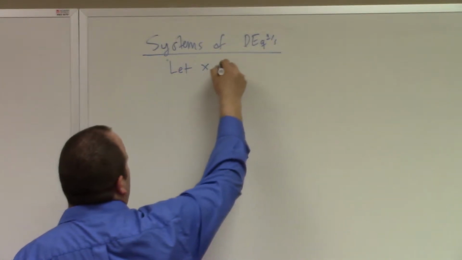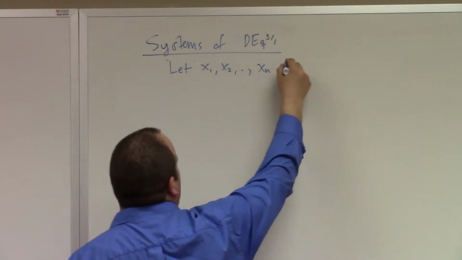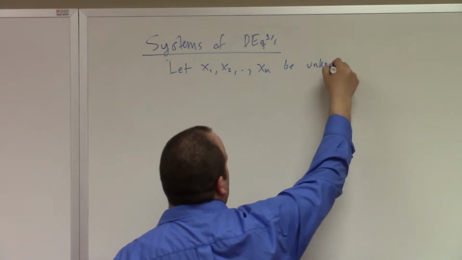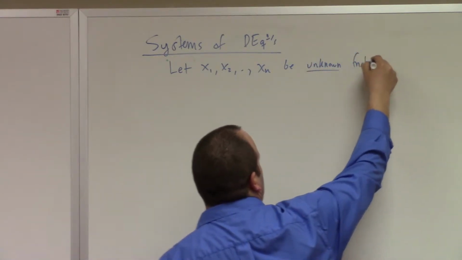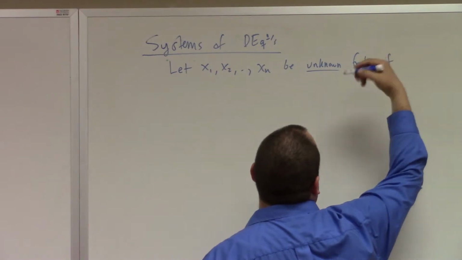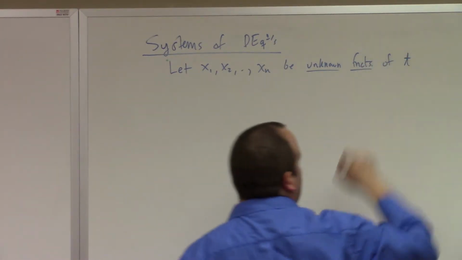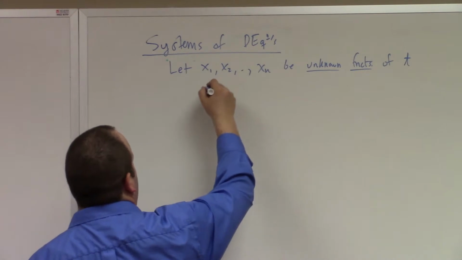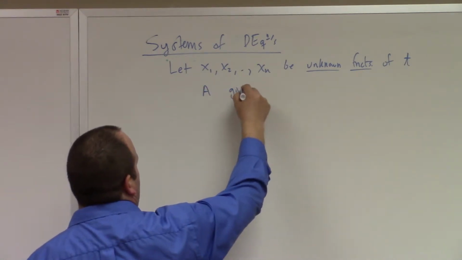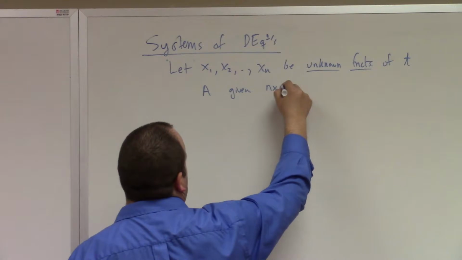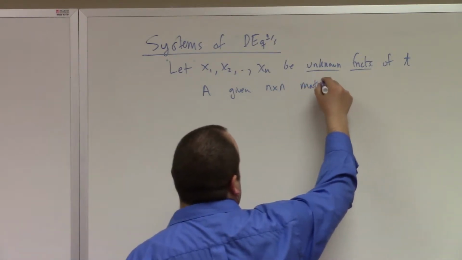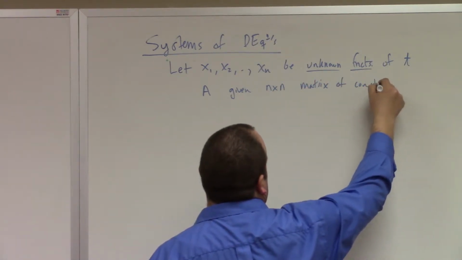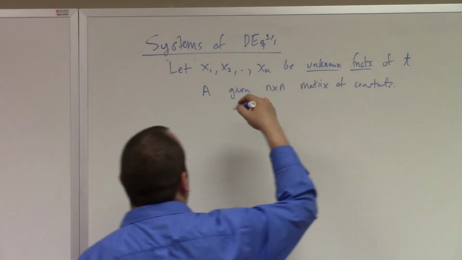Very good, Landon. So now we're going to trade. We're going to be a little bit more abstract here. So let x1, x2, through xn be yet unknown functions of time t. All right, and A is a given n by n matrix of real constants.